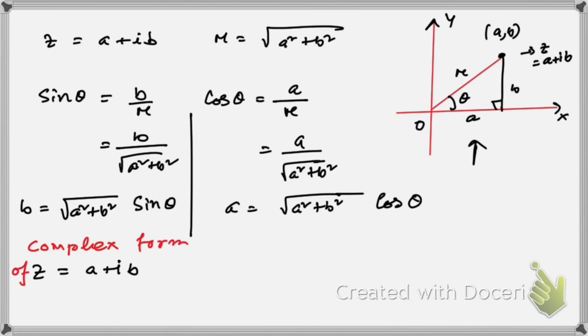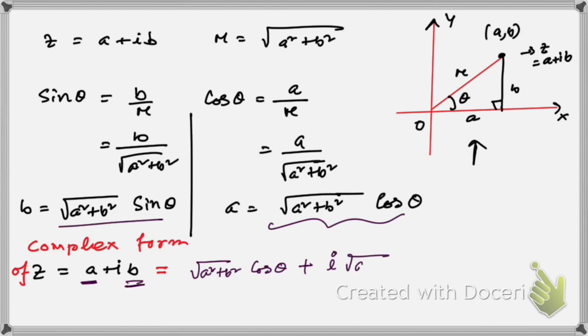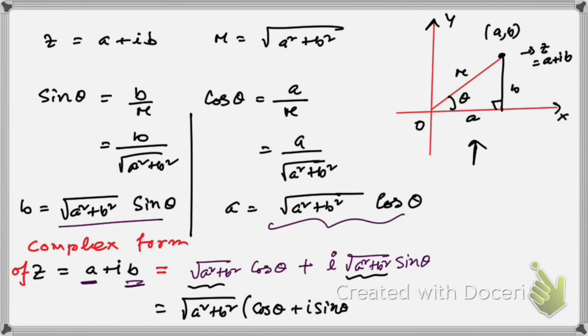If you replace a by this value, you get root over a square plus b square cos theta, plus i times root over a square plus b square sine theta. If you take this part common, you have root over a square plus b square, times cos theta plus i sine theta, right?